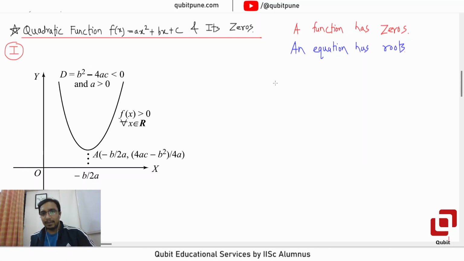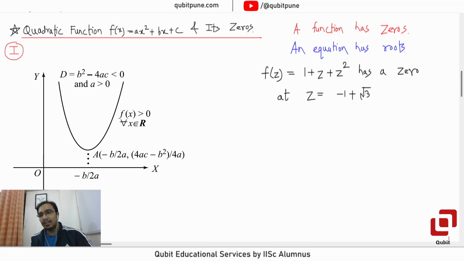For example, f of z equal to 1 plus z squared has a zero at z equal to -1 plus root 3 i by 2.